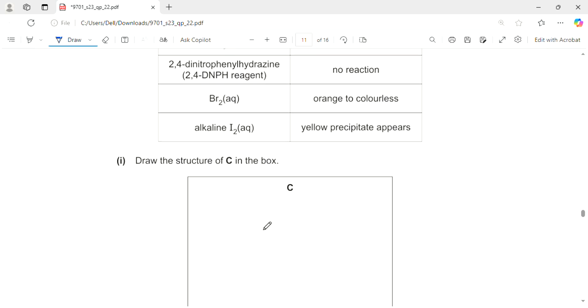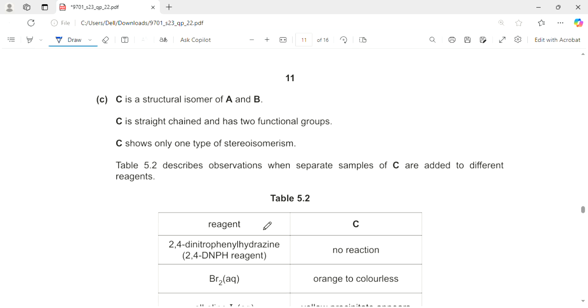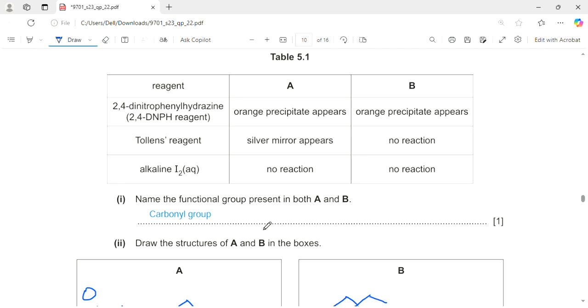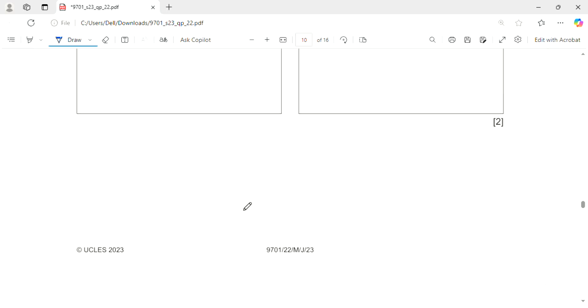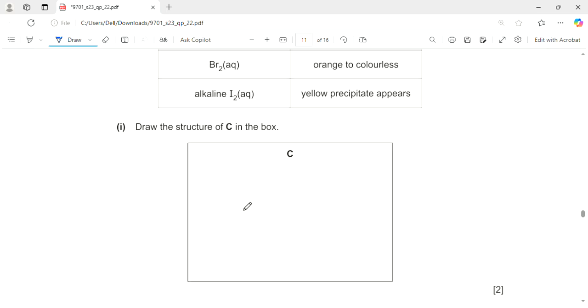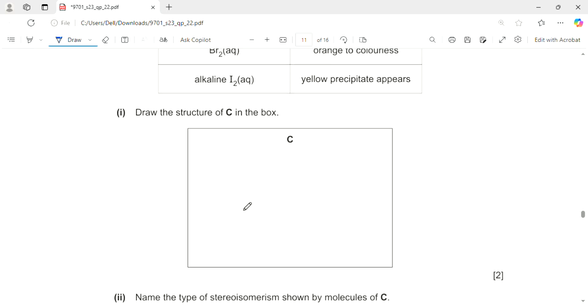So the isomer is C5H10O, but it does not contain a carbonyl group. Instead of the carbonyl group, it must contain an alkene and an alcohol or hydroxyl group.